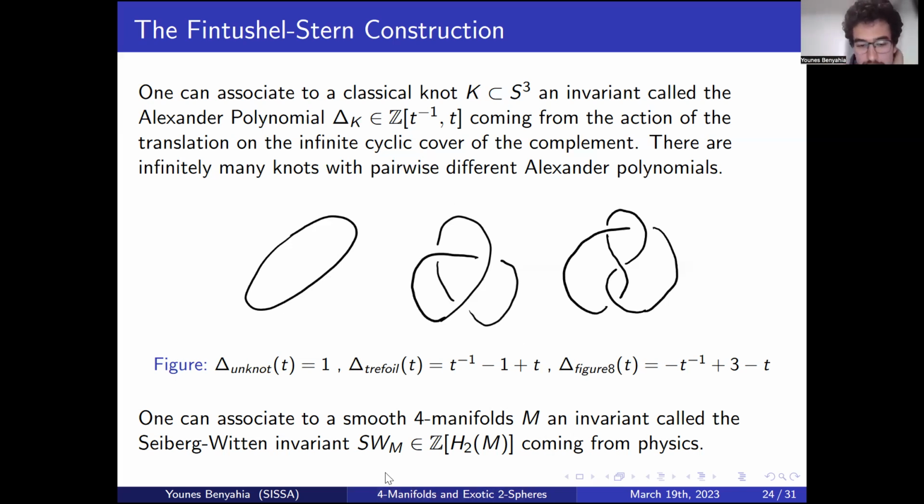But anyway, this invariant comes from physics, or from gauge theory, and it was introduced by Seiberg and Witten. Witten is a theoretical physicist, so this is one of the times where physics helped math, I guess.